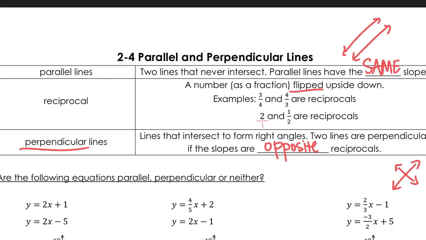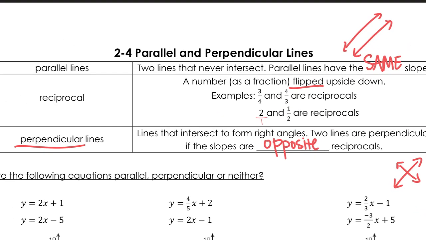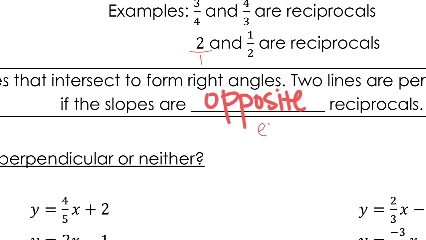So if we're talking about perpendicular lines, they say it's an opposite reciprocal. What does that mean? Well, let's do an example down here if you need to write it. So let's pretend we have the slope like 2 over 3. The opposite reciprocal would flip the fraction, and it would also change the sign. 2 over 3 was positive, so the opposite of that would be negative.